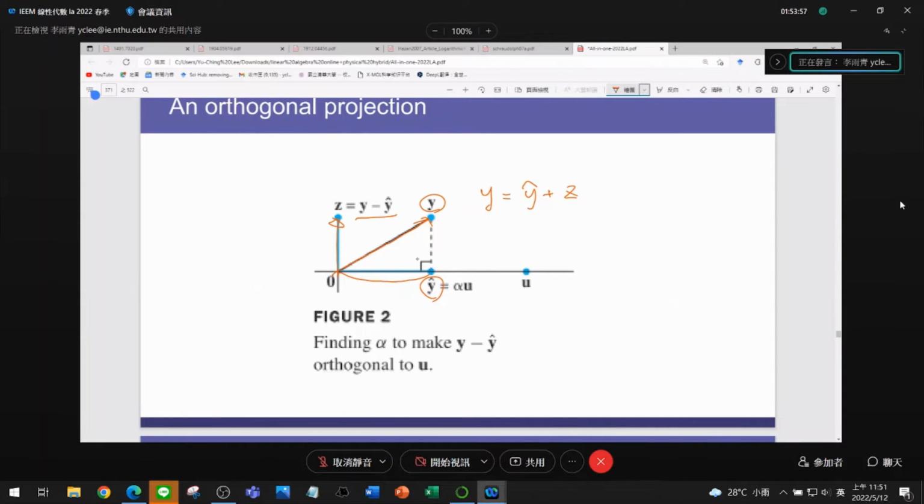Okay, and these two parts are orthogonal.